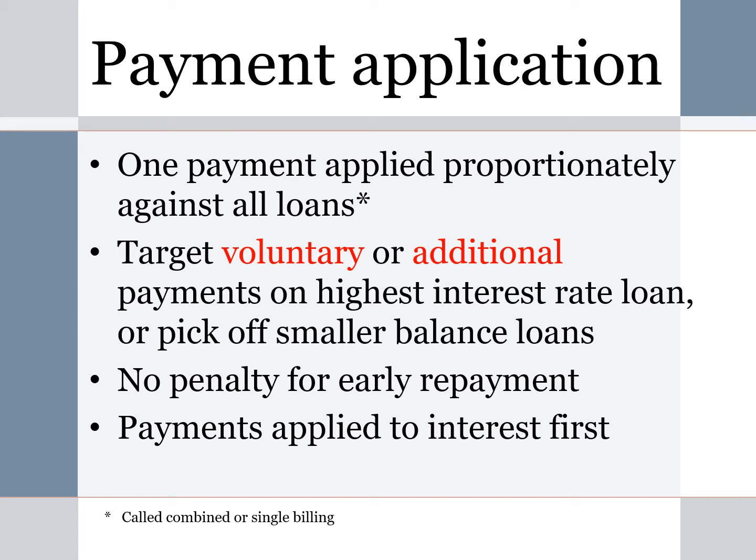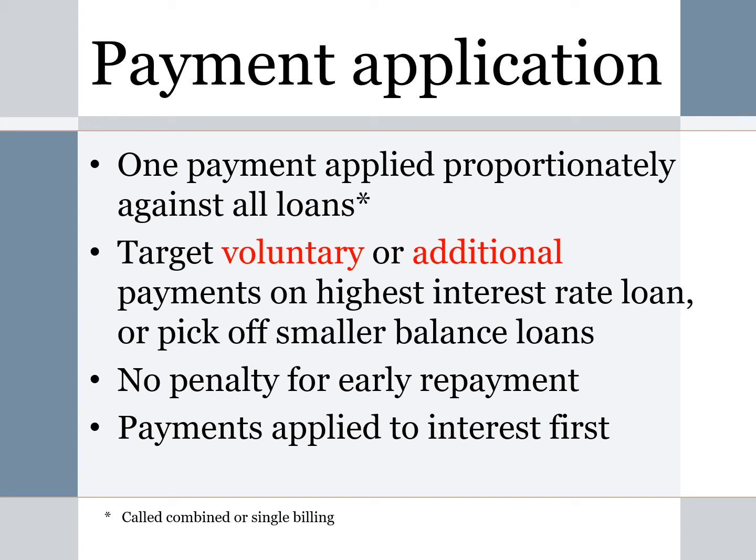So for example, if you have 4 direct unsub loans, depending on what the rates are, let's say your payment is $400 a month. It's not going to be $100 on each loan. It might be 80 on one, 110 on another, etc., etc. The payment is applied proportionately based on the amount of the loan and the interest rate.